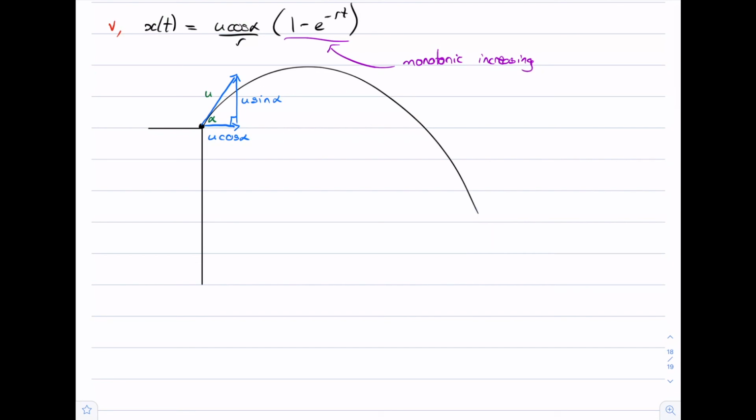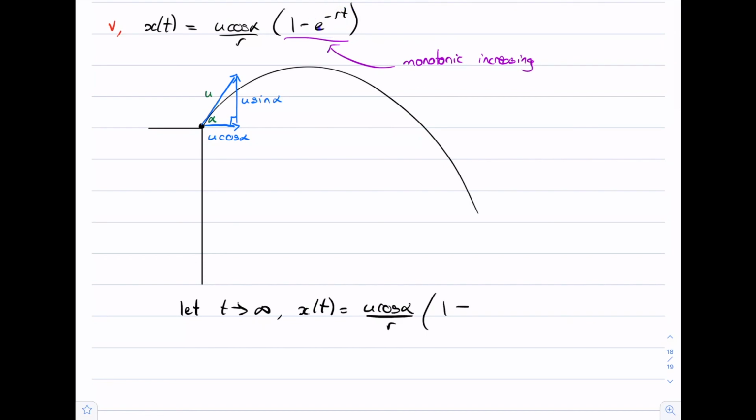And that's really important. So we don't know how long it takes for our particle to reach the ground. But if we have a look at what happens when t goes to infinity, that's going to be the absolute maximum distance that the particle can travel in the horizontal component. So what we're going to do is we're going to say, let t approach infinity, and we get x of t equal u cos alpha on r, 1 minus, what happens to this thing when t approaches infinity?